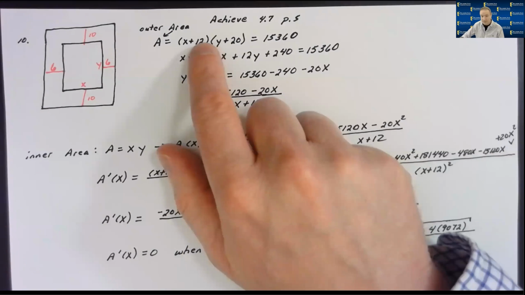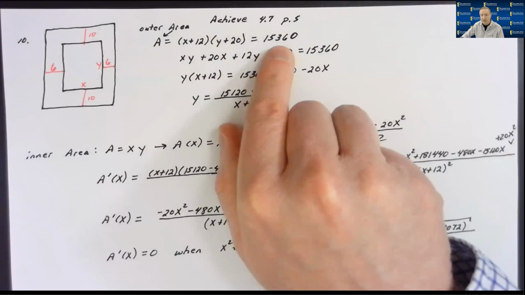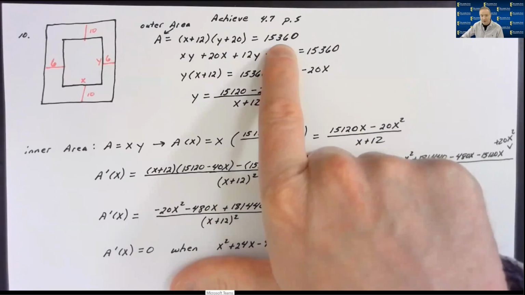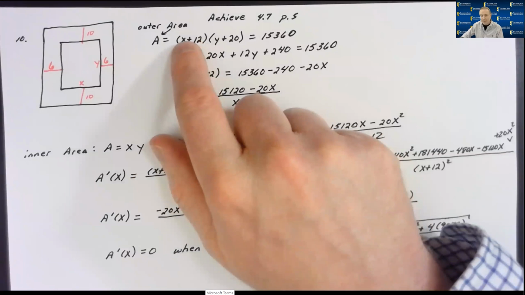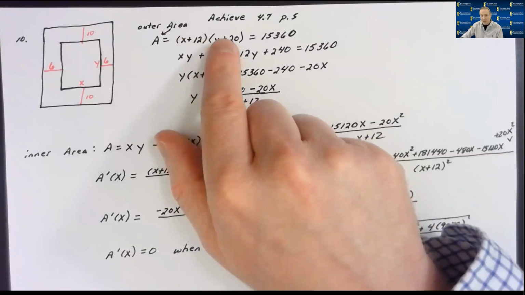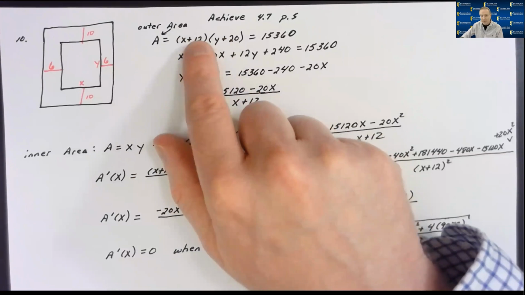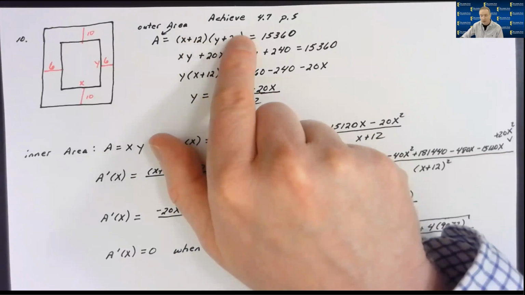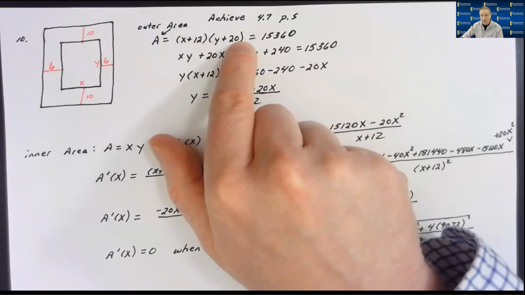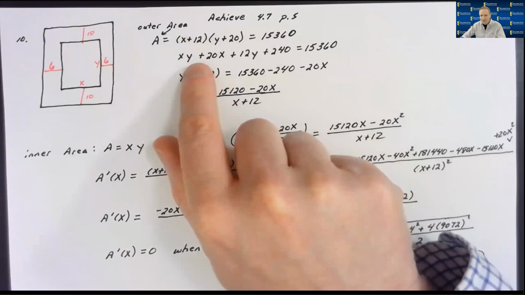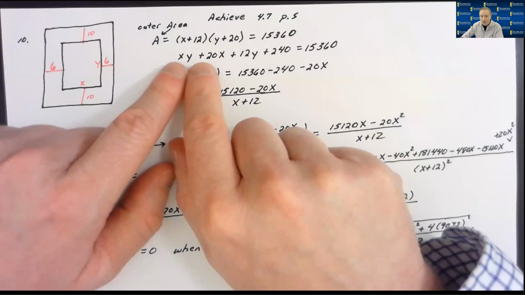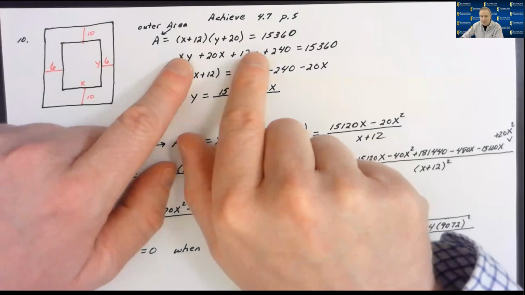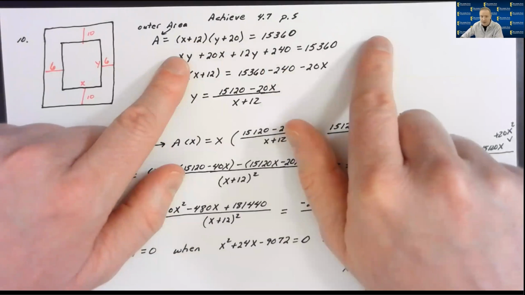So I just say, well, X plus 12 times Y plus 20 is equal to what was given for my problem, 15,360. Now, when I work with the left-hand side, I'll FOIL this out and I'll get X times Y plus 20X plus 12Y plus 12 times 20, which is 240. So now I can say, let's get all of the terms with Y on the left-hand side and move the X terms to the right-hand side.